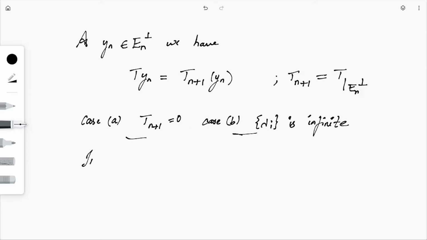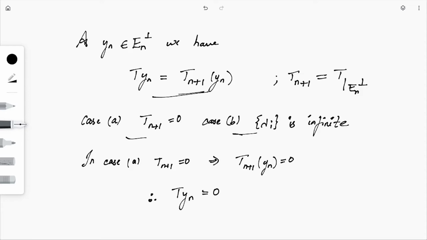In case A, Tn plus 1 is 0, so Tn plus 1 acting on yn will also be 0, and therefore T of yn will be 0. So T of yn is 0, and I can say that yn is an element of the kernel of T.